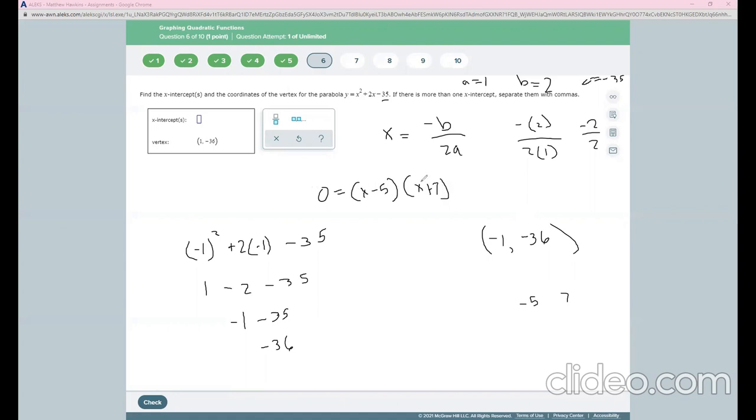And then we just need to find the numbers that will make this one 0, and the numbers will make this x section 0. So the number for x that makes the first x section 0 is if x were 5. And then the number that makes the second x section 0 is if x were negative 7. So those are the two x-intercepts, 5 and negative 7.